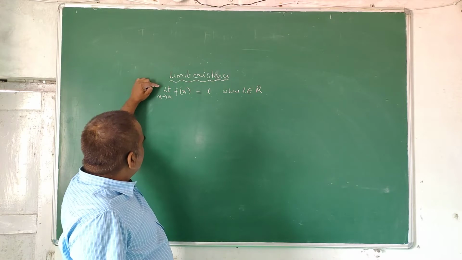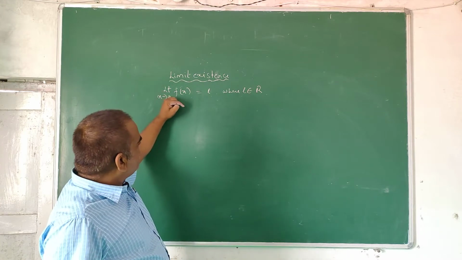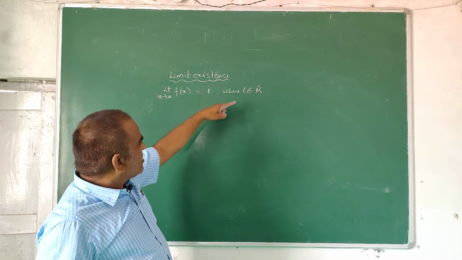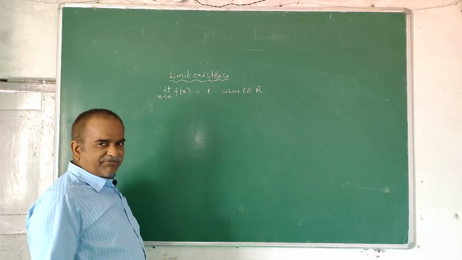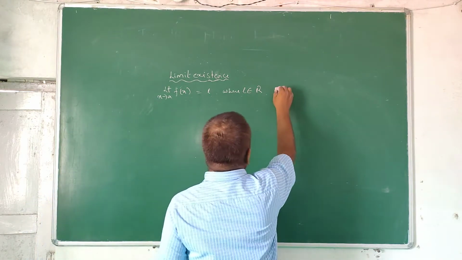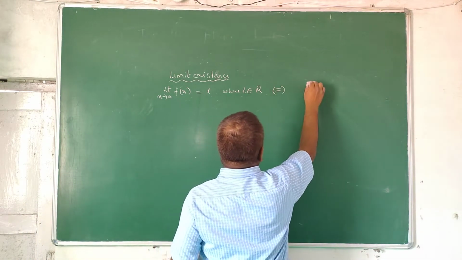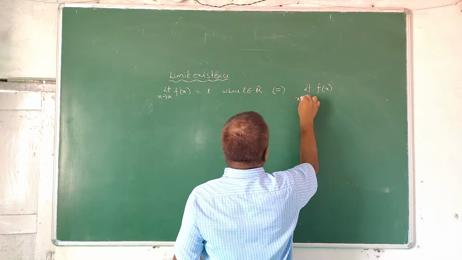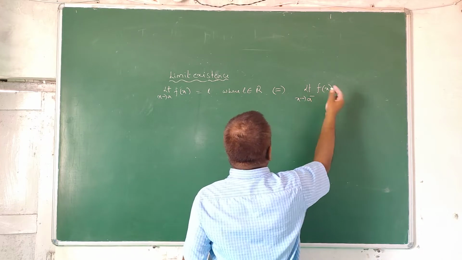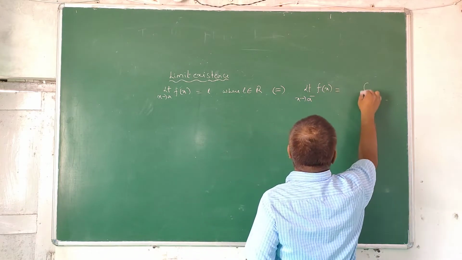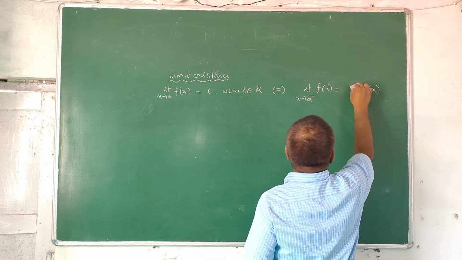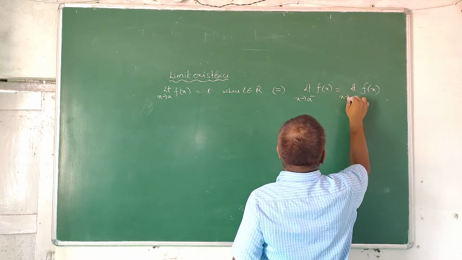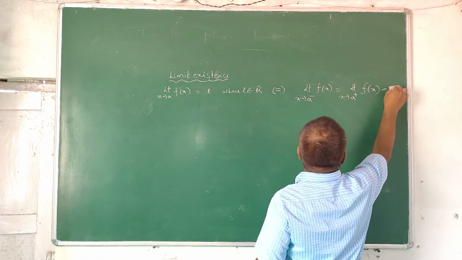So the limit of f of x as x tends to a is equal to L, where L belongs to R and L is finite, if and only if the function's left hand limit and the function's right hand limit both exist and each is equal to L.